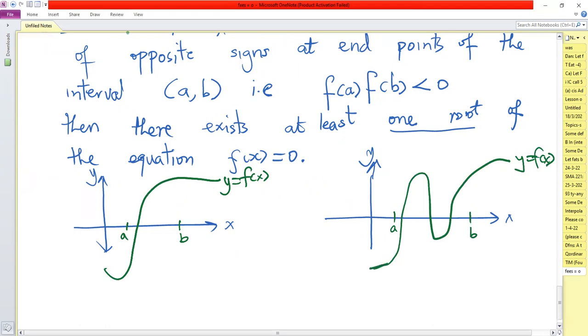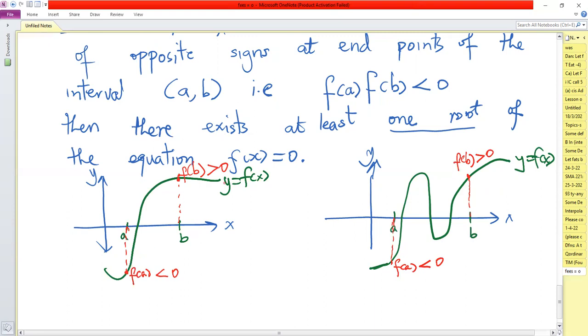So you see in these sketches, this is what will give f of A, and this will be the value of the function at B. When you extend this to the graph, this is f of B. f of B here is above the x-axis, so this is a positive value. This one is below the x-axis, so this is less than 0. This one is on top, so greater than 0. This is less than 0.